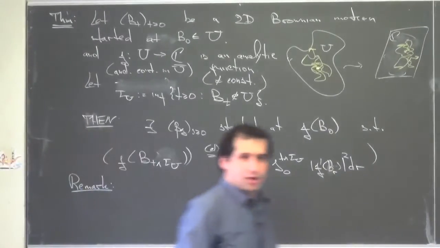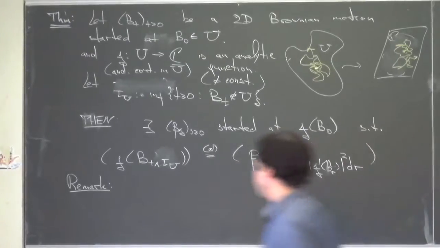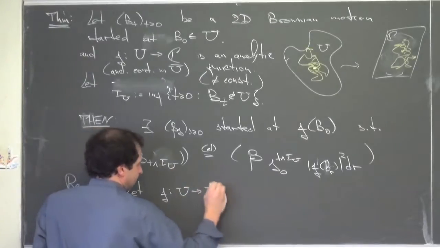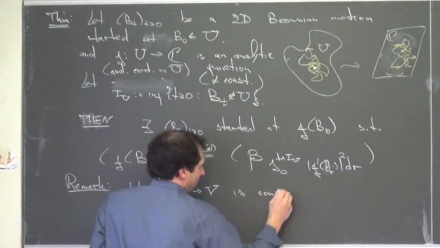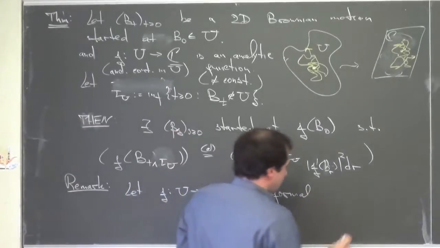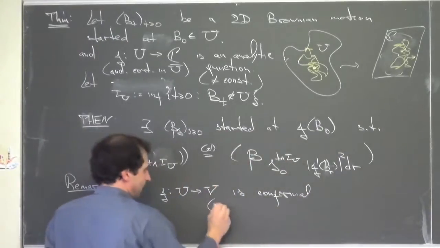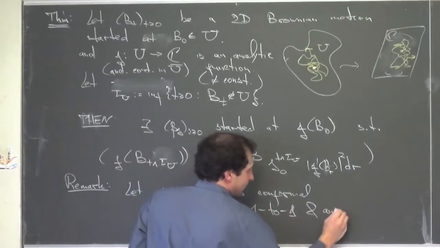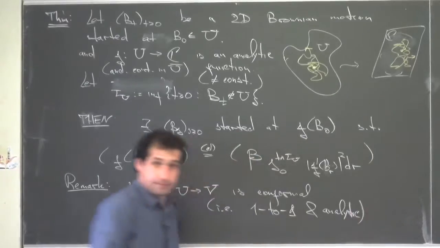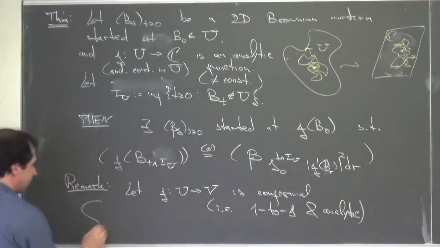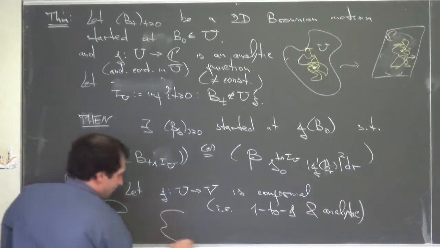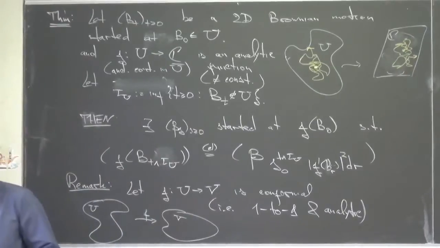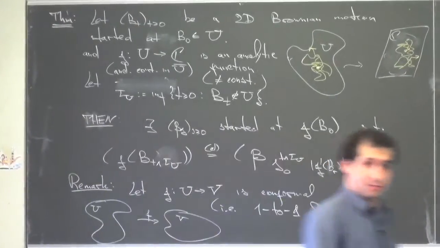Okay, so a remark: imagine that you actually have a conformal mapping, meaning that it is analytic and one-to-one. Imagine you have some domain here, some domain there, and this is f. Then you can apply this theorem in both directions.